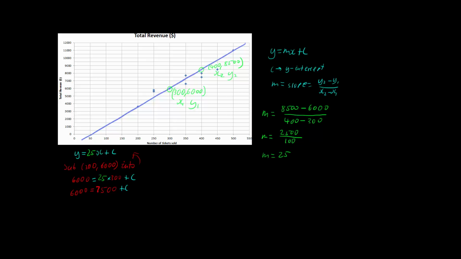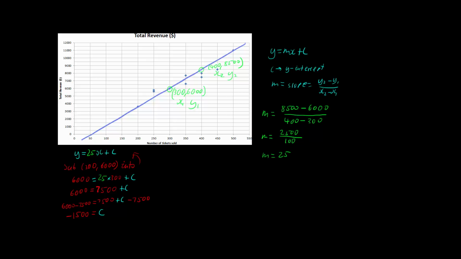So we have 7,500 plus c minus 7,500. If we now work this out, 6,000 minus 7,500 is negative 1,500, which is equal to c, because the two 7,500s cancel out and just leave me with my c value.